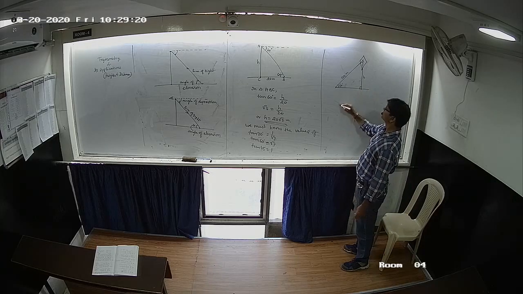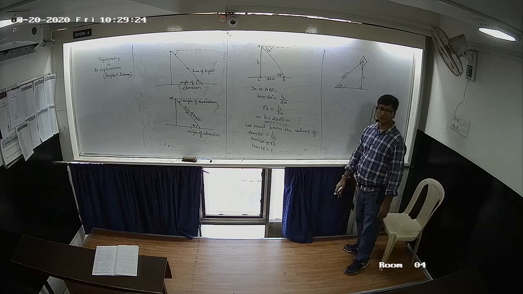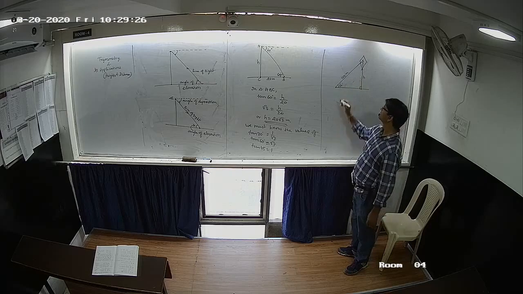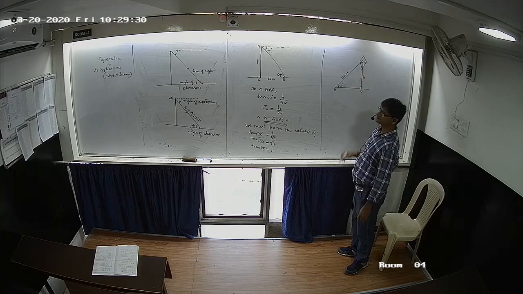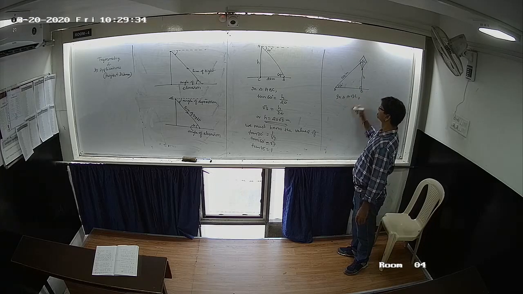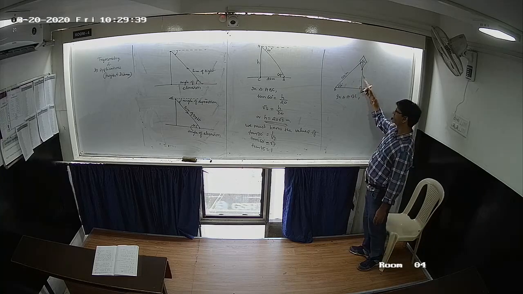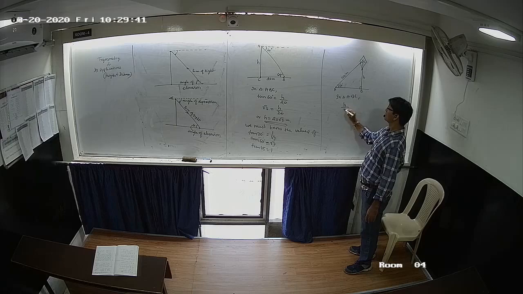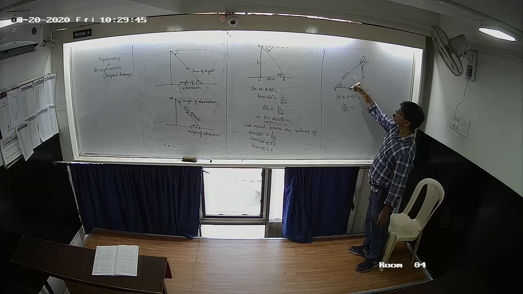Now, how are you going to find out? We don't know the distance, we know the length of the string of the kite. So in this case, let's name it A, B, and C. In triangle ABC, we know the hypotenuse and we need the opposite. So h upon 100 is equal to opposite upon hypotenuse.